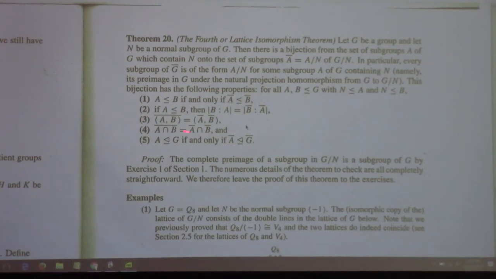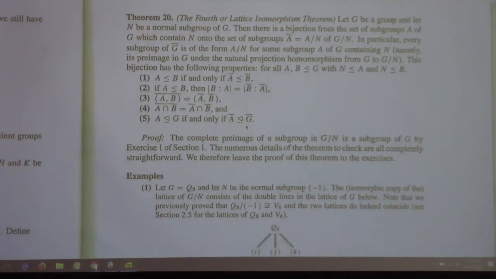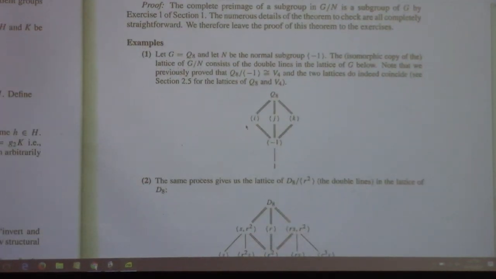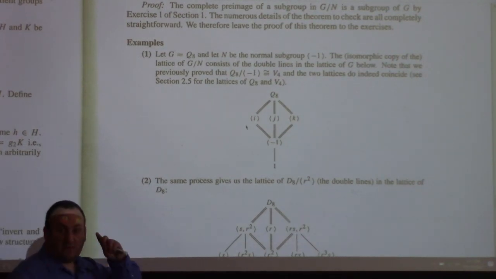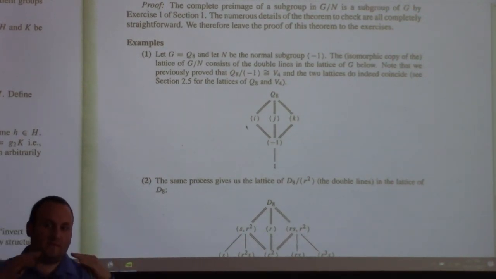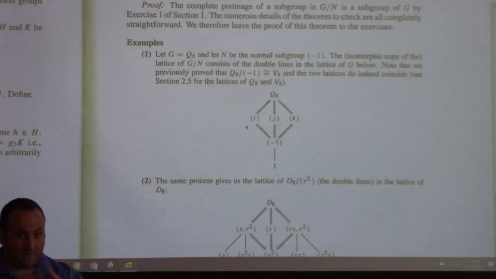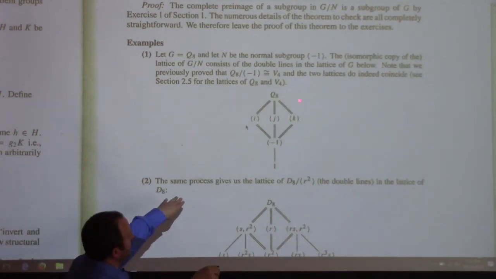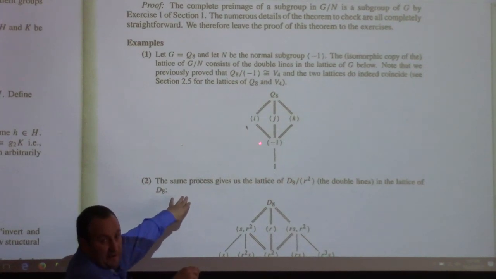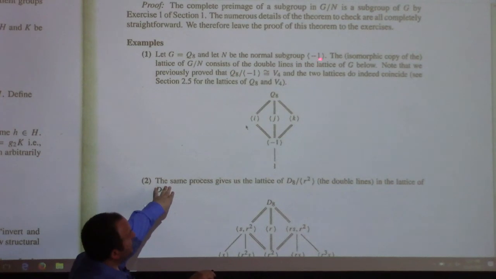This is the statement of it in Dummit and Foote. And he has a couple of examples that have additional notation that's helpful. So rather than drawing two pictures, what he does is he superposes the lattice diagram for the quotient on top of the lattice diagram for G. So here's the lattice diagram for Q8, the quaternion group of order 8. The lattice diagram for Q8 mod the subgroup generated by -1 is the double lines.